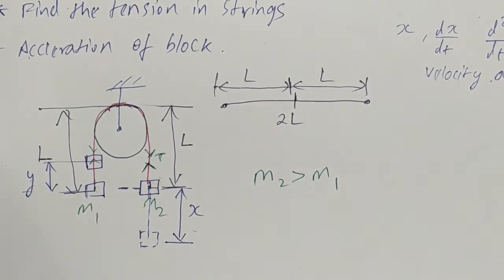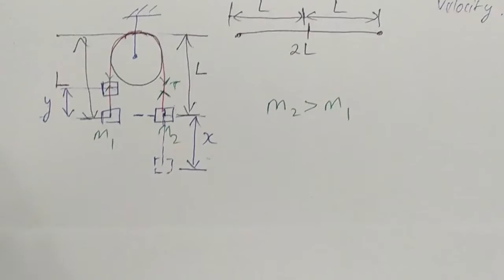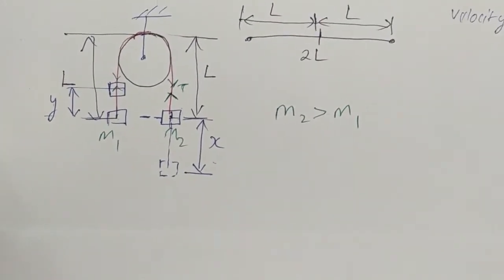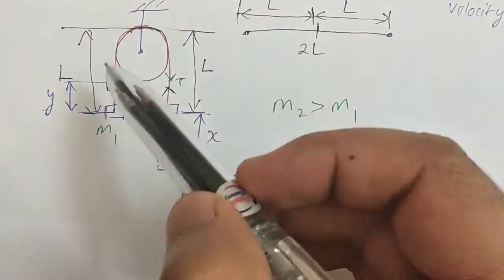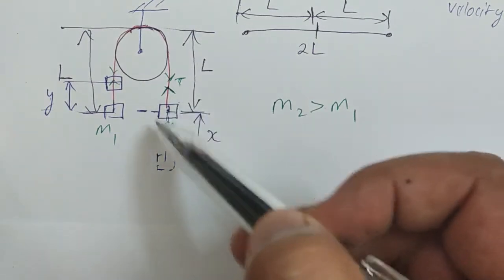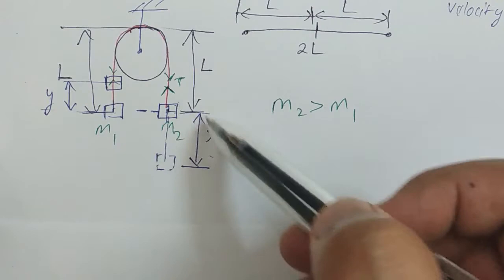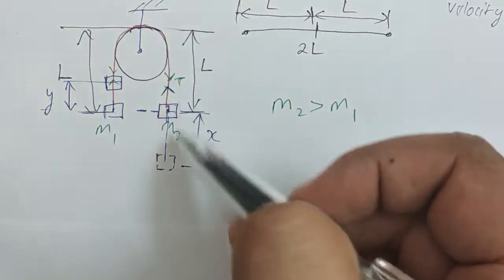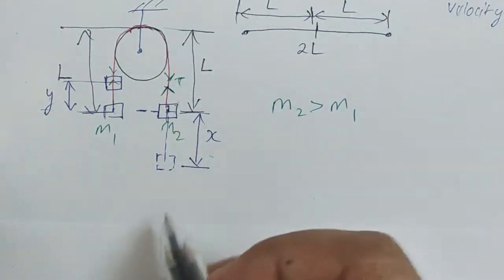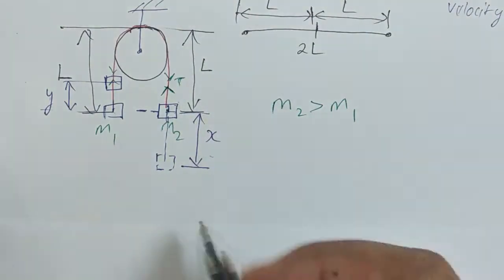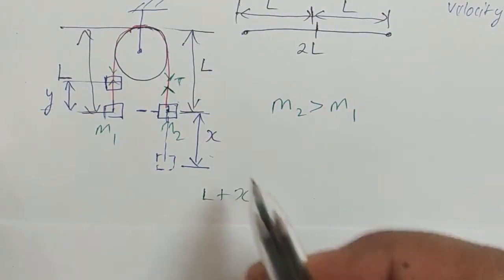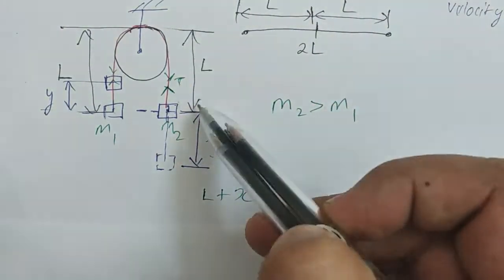So what we can do in this situation, first of all, you can see that when this block has moved downward by a certain distance x, the length on this side of the string has increased. That is L plus x. On this side you can see this is L plus x.